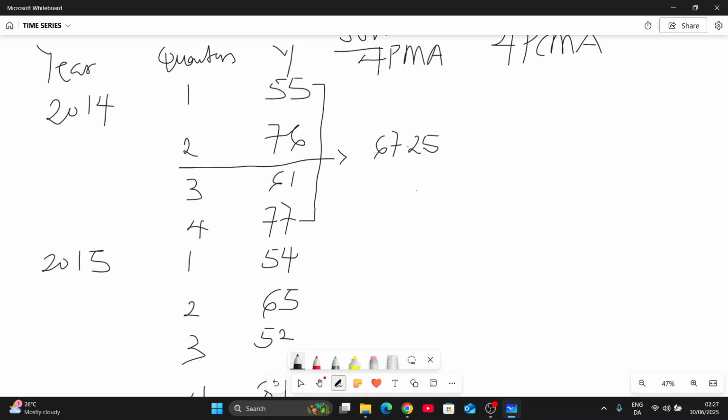Then we drop the first one and pick the next one. That's from 76 to 54. 76 plus 61 plus 77 plus 54. Also find the average, which is 67. Write it in between 3 and 4.